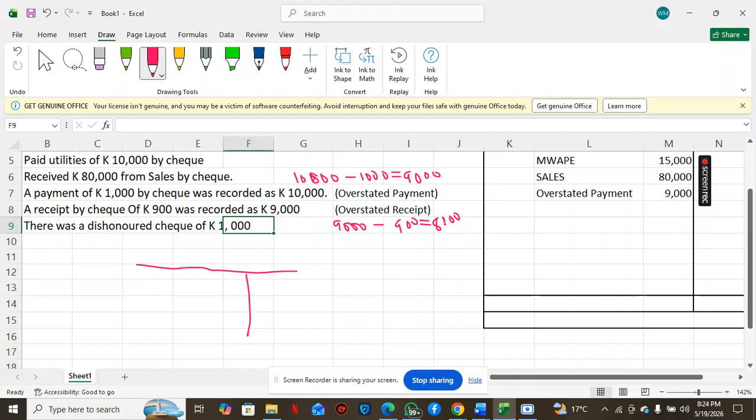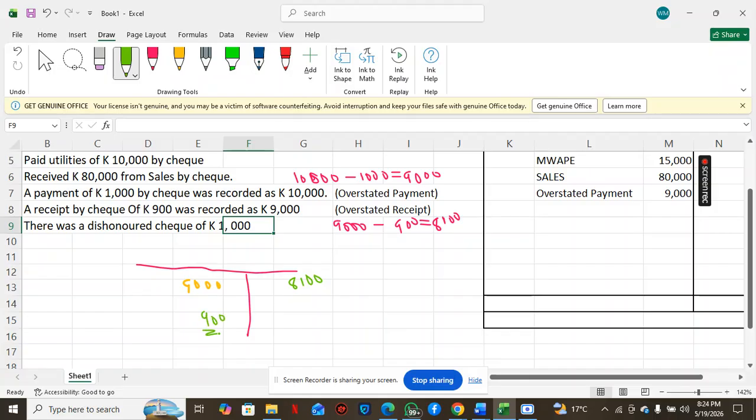When this error was committed, we debited 9,000. So this 9,000 has to be reduced to 900 kwacha. The way we do that is we need to credit 8,100. 9,000 minus 8,100, we remain with 900 kwacha on the debit side.